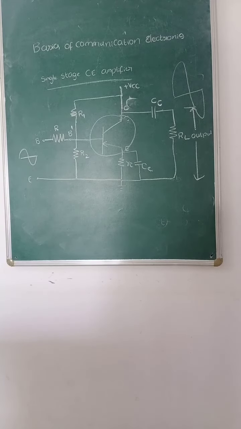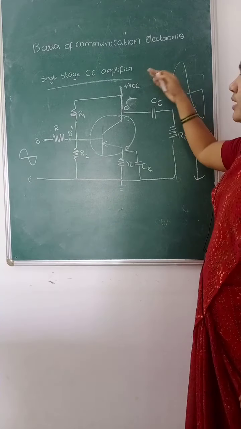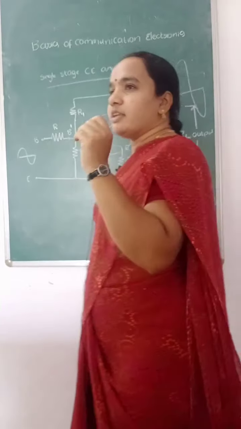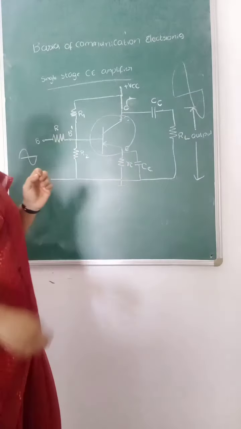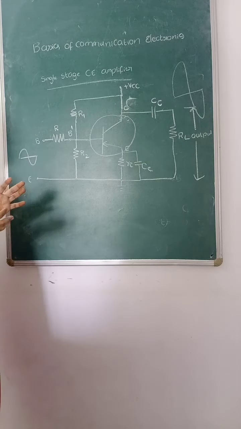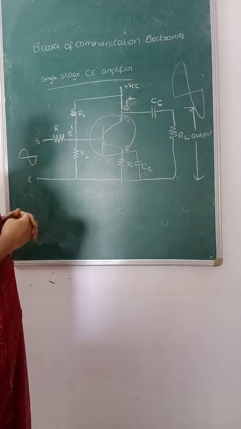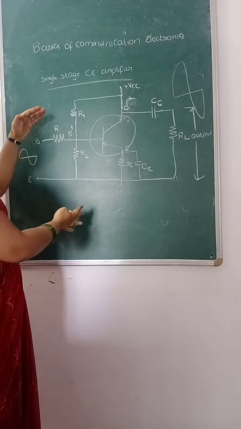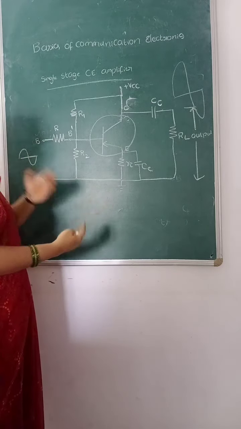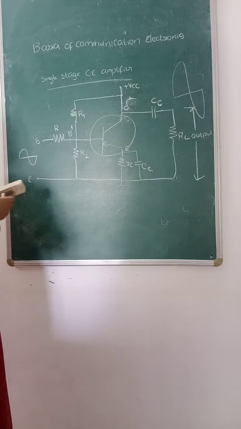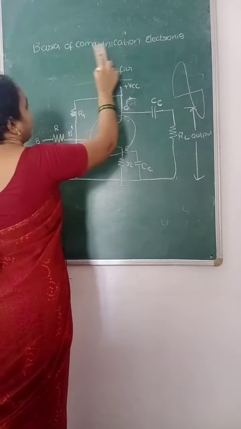This is the single stage common emitter amplifier used to amplify small signals such as audio signals in communication electronic systems. In order to analyze this single stage common emitter amplifier, the circuit can be explained with the help of the hybrid model, the hybrid pi model.